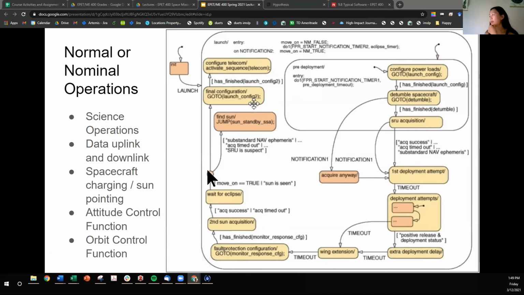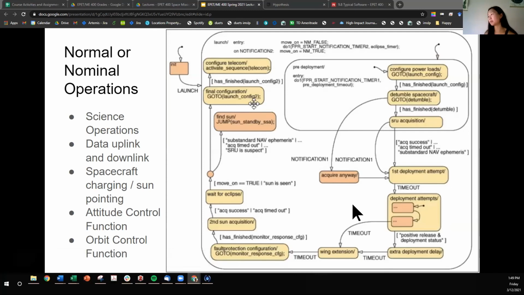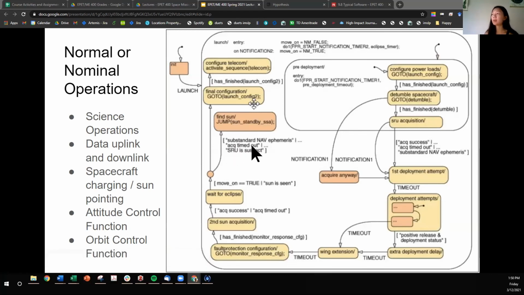Now you don't necessarily need to encode this in Cosmos, but I think it would be a good exercise to figure out what the modes are for your spacecraft. To draw a state transition diagram, you don't need to have the exact code or programs named out, but you can write out what the operation sequences would be and write the transitions.